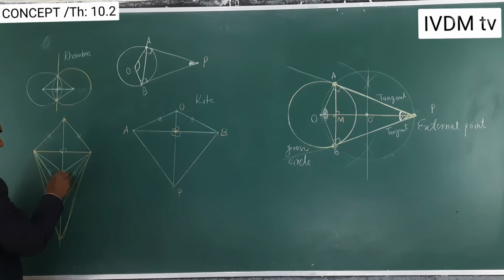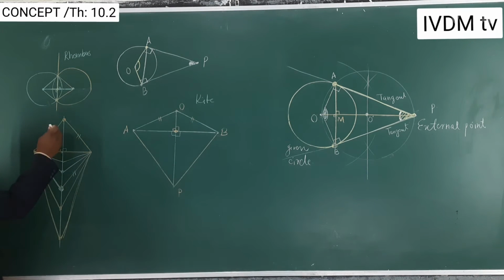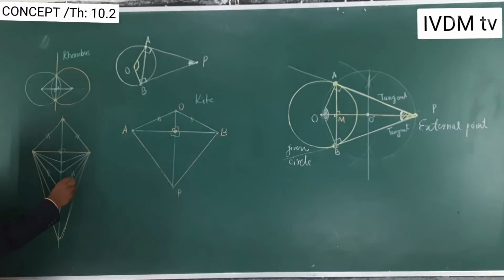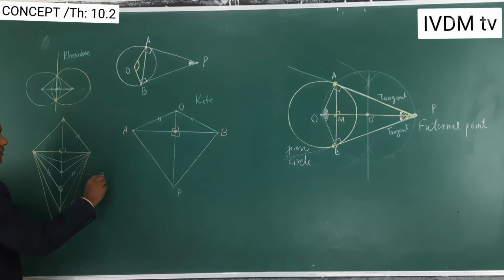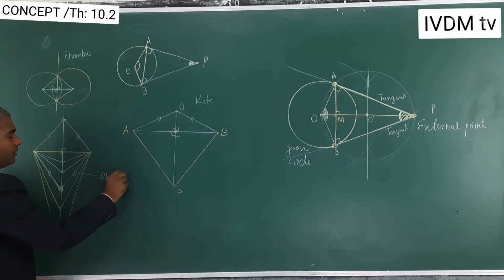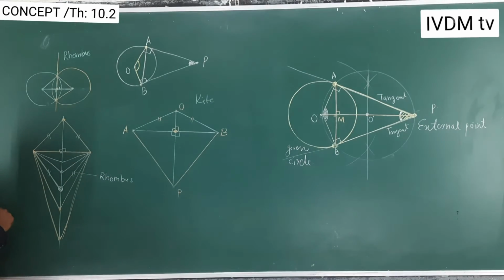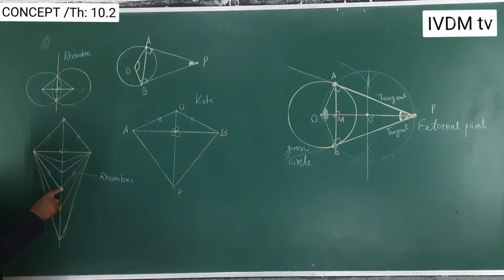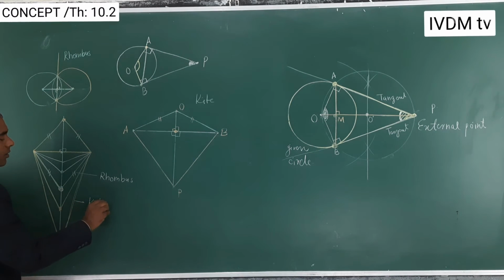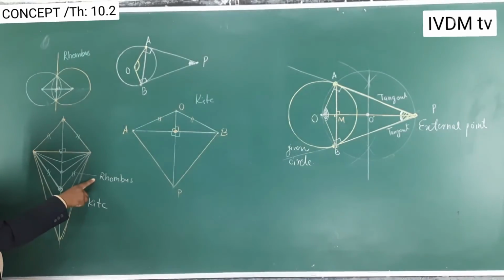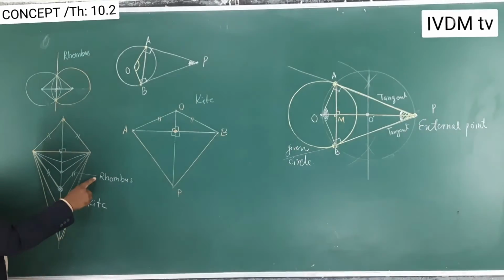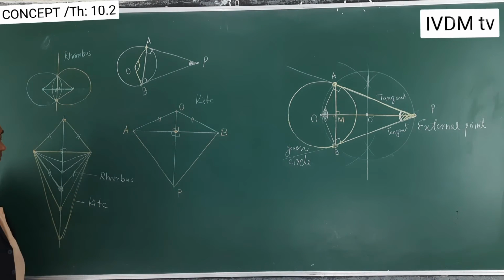This is a kite, this is a kite. But out of these kites, this is the rhombus. With respect to this point we get a rhombus, and these all are kites. So that's why it is called a kite. Rhombus is a special type of kite, and a rhombus is also a special type of parallelogram.